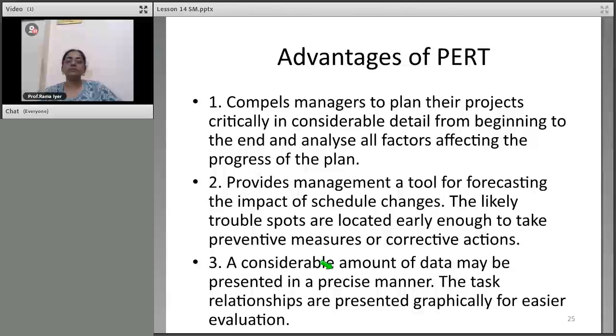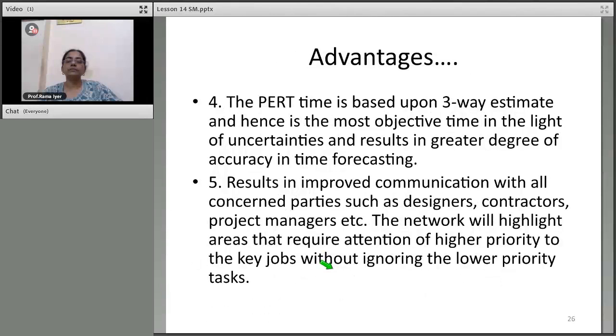Done? Any doubt? Further advantages are there. Just read it. Quite easy, the concept, no?